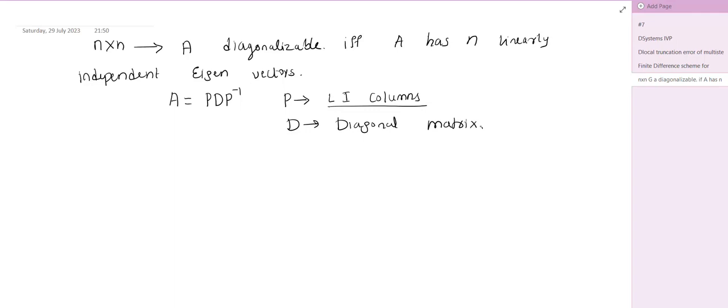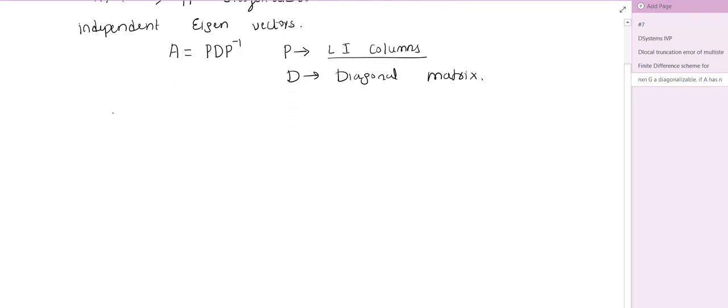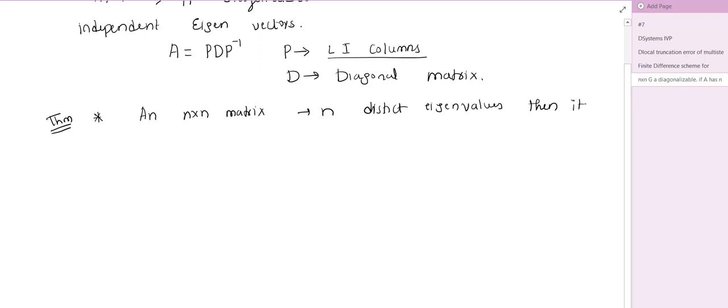Okay, so we have some properties with respect to this. For example, we have a theorem that if an n cross n matrix has n distinct eigenvalues, then it is diagonalizable.